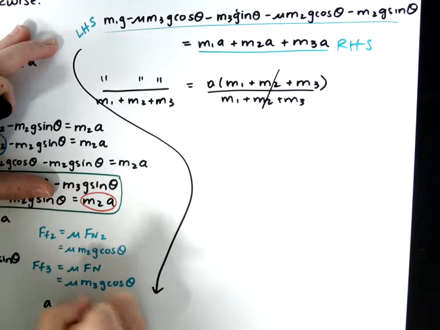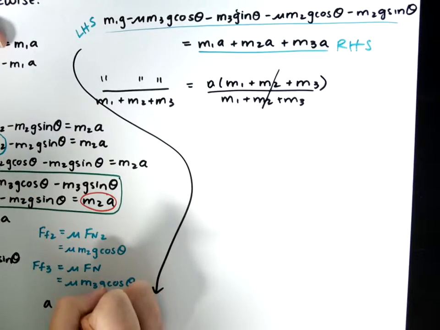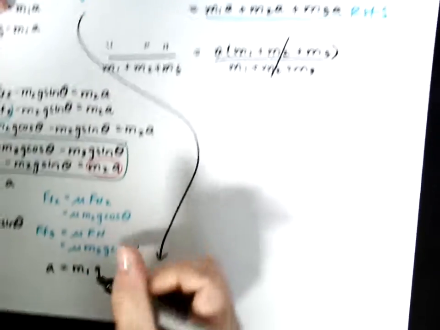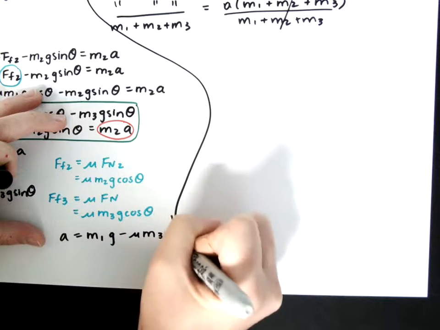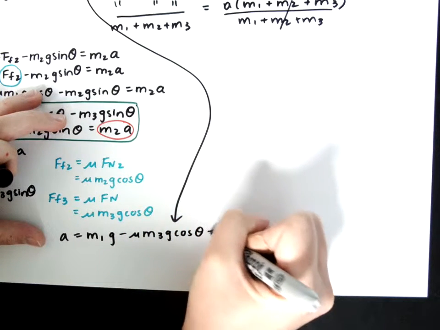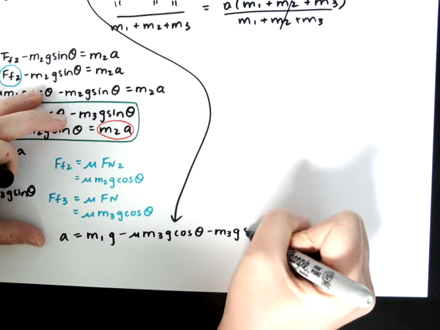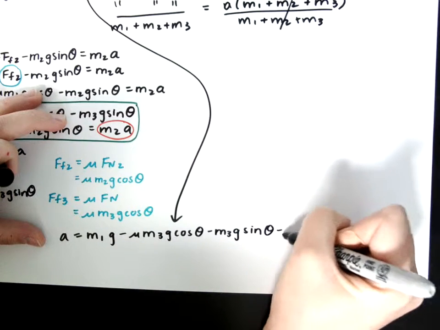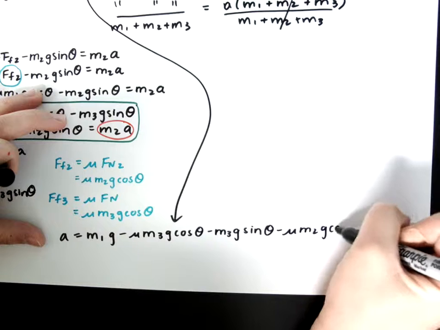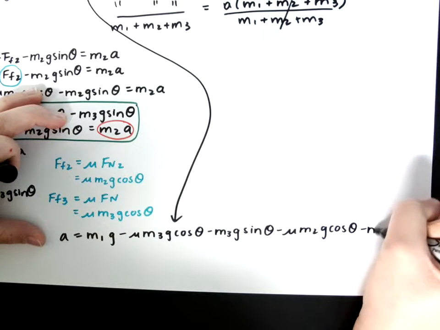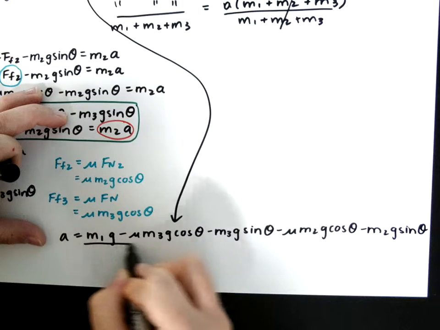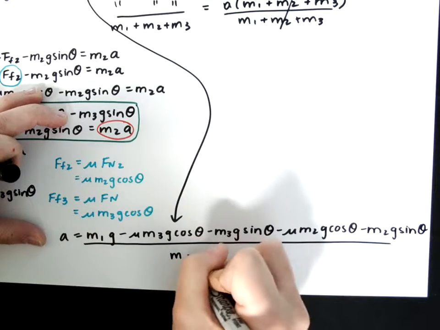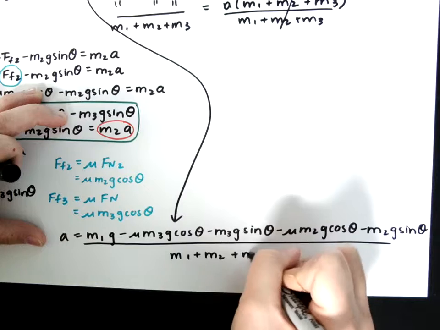A is equal to M1G minus mu M3G cos theta minus M3G sine theta minus mu M2G cos theta minus M2G sine theta, all over M1 plus M2 plus M3.